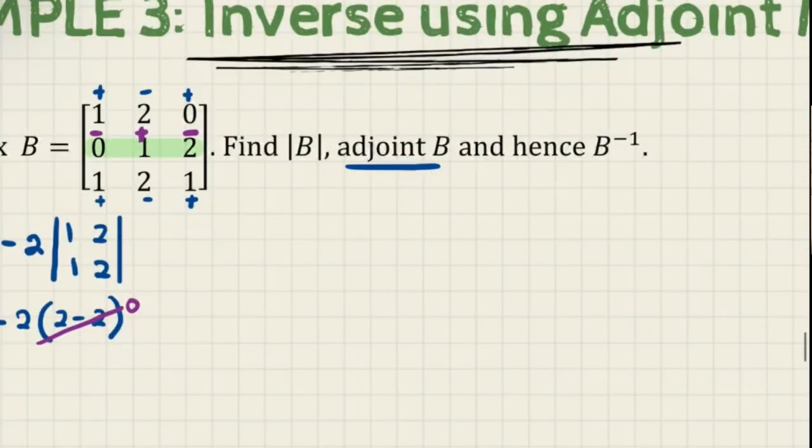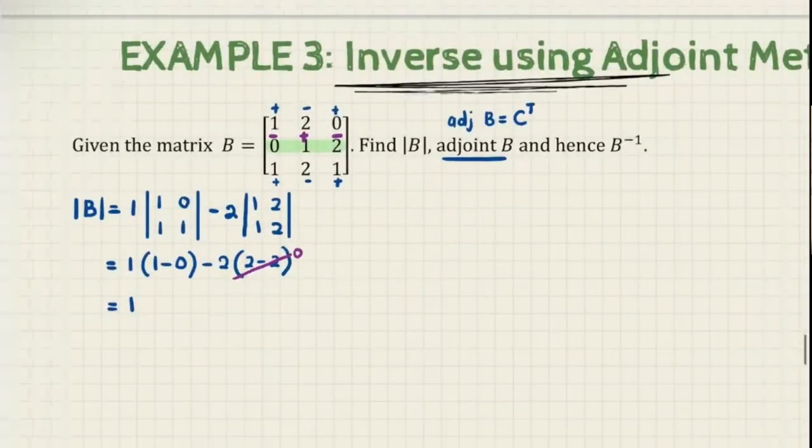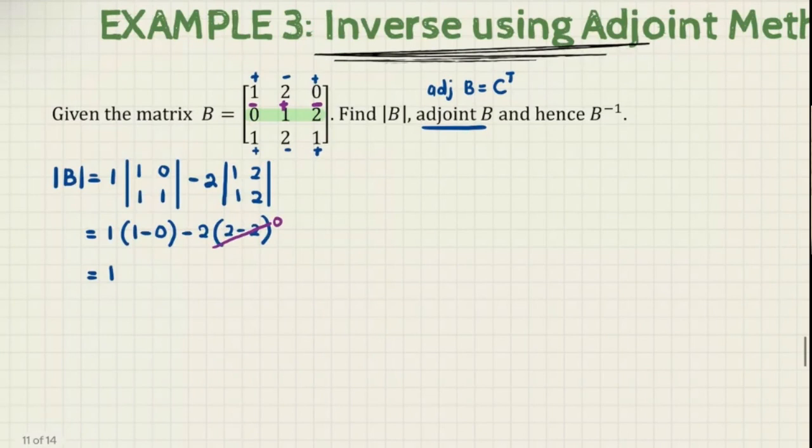Okay. Adjoint of B, ADJB sama je dengan cofactor transpose. So first of all, let's find out the cofactor matrix. Okay. So adjoint of B sama dengan cofactor transpose. So cofactor kena ada matrix yang sangat besar.